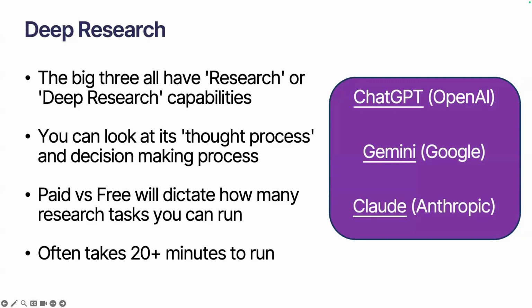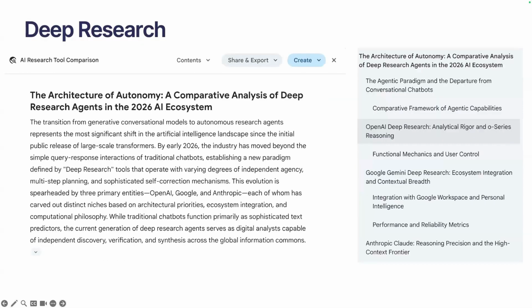And because they take a little bit of time to run, I have provided one of mine. This is a prompt I put in because I wanted an analysis of deep research agents in today's AI ecosystem. This is just the summary. This is the table of contents.